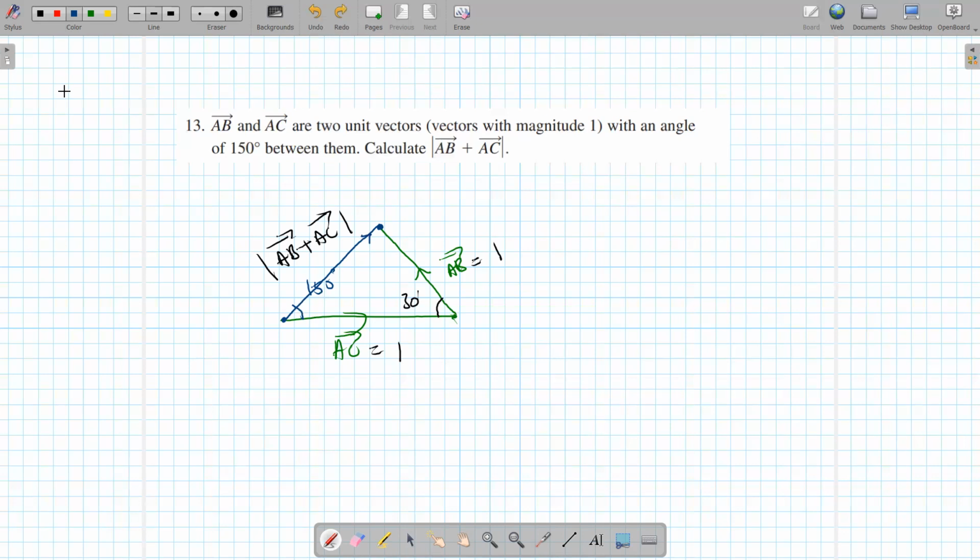In vectors, most of the time it's going to be cosine law, because you can use it when you have side angle side. Side as in like side here, and then there's an angle between them, and then you have another side here, okay? SAS, side angle side, you're going to use the cosine law, which says this.